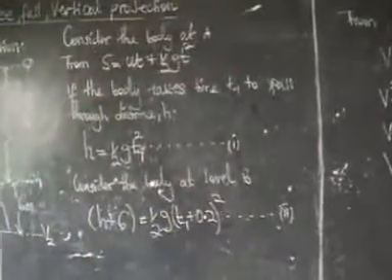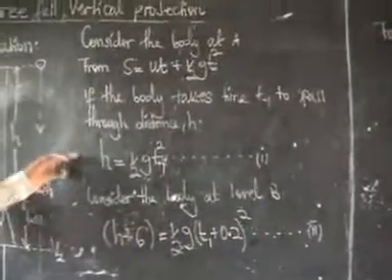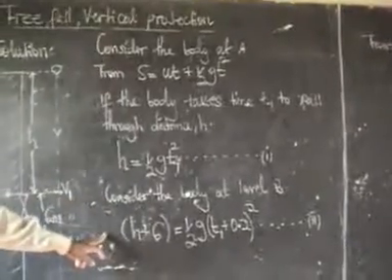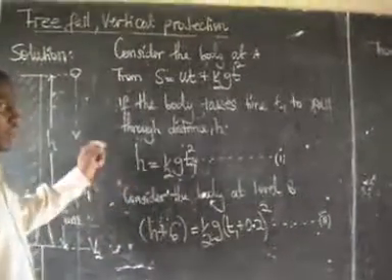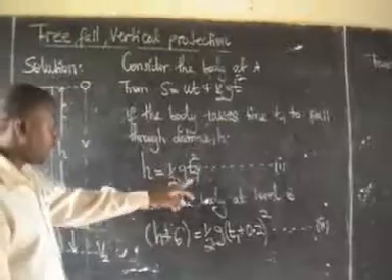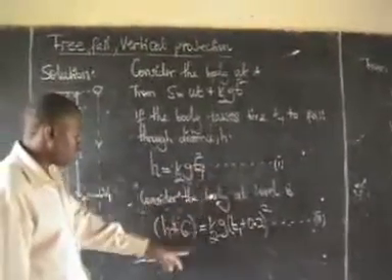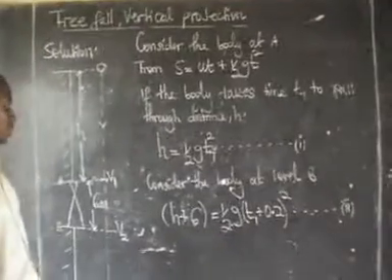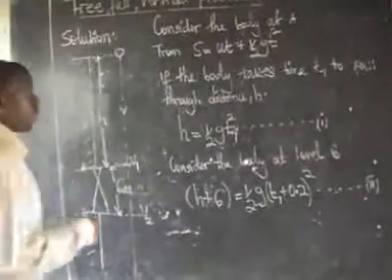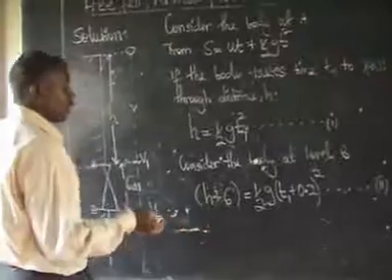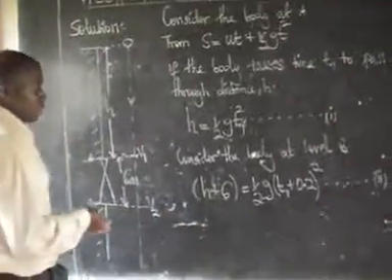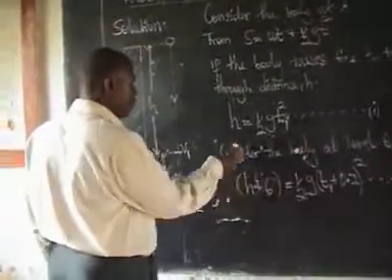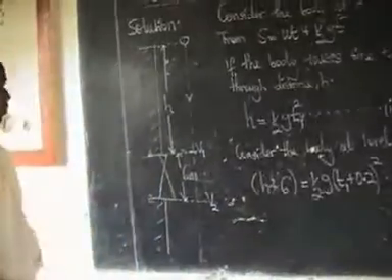So this is now our second equation. Now when you look at these two equations, we have two unknowns, the h and the t. So we are going to solve these two simultaneously. I'm going to apply the knowledge of solving simultaneous equations to get the value of h.